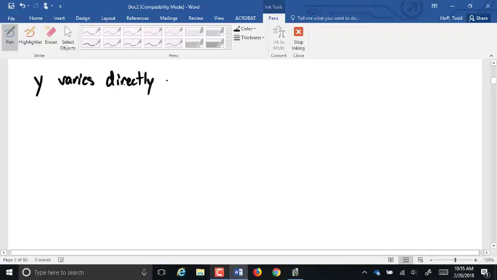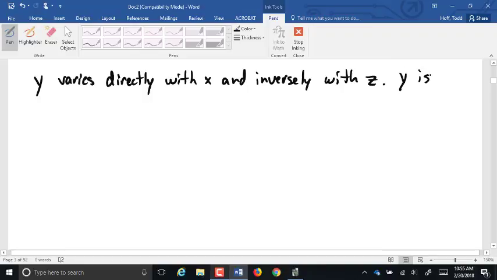Y varies directly with x and inversely with z. Y is 40 when x is 2 and z is 12.